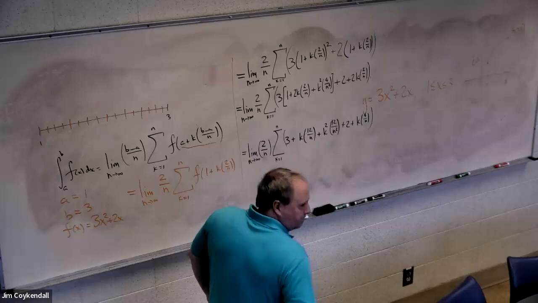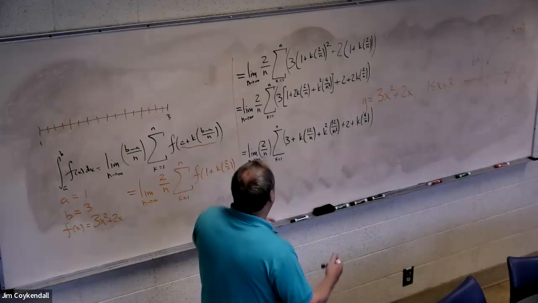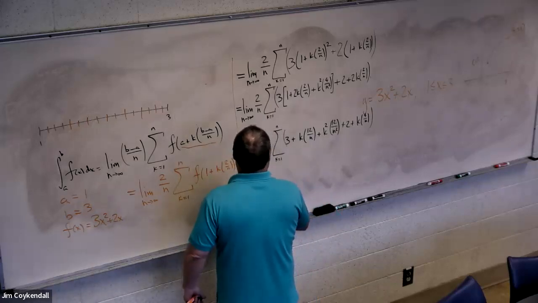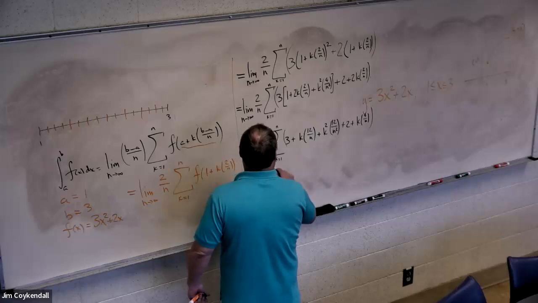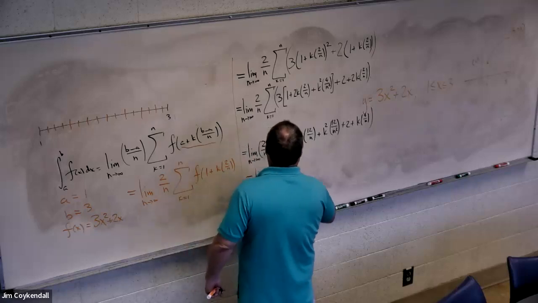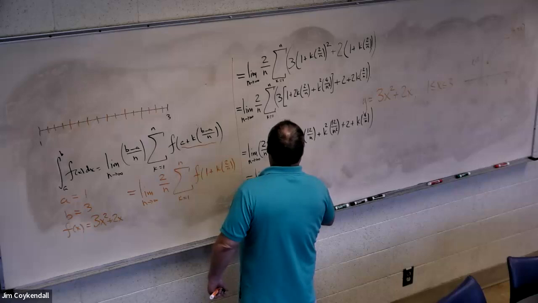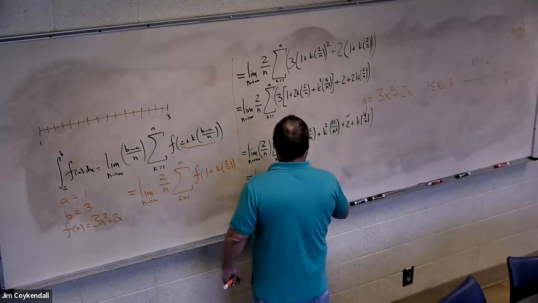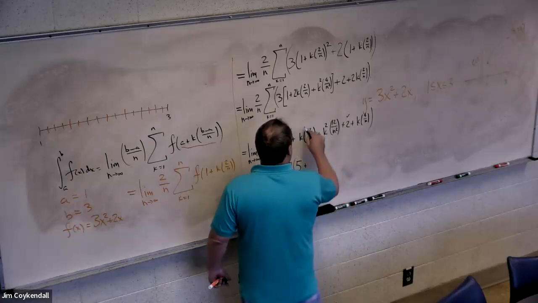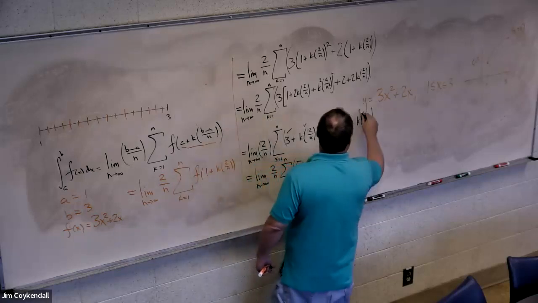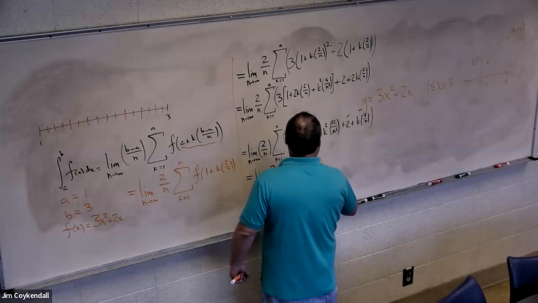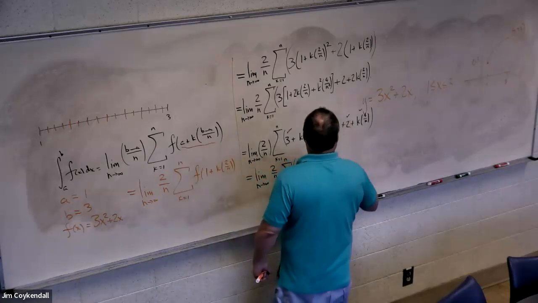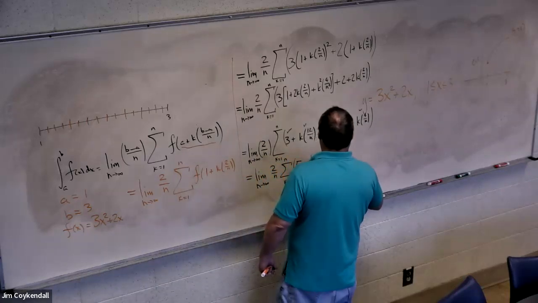Okay, so we group it together a little bit. Let's see, 3 plus 2 is 5. The k stuff, I've got 12 over n and 4 over n. And I've got 12 over n squared.